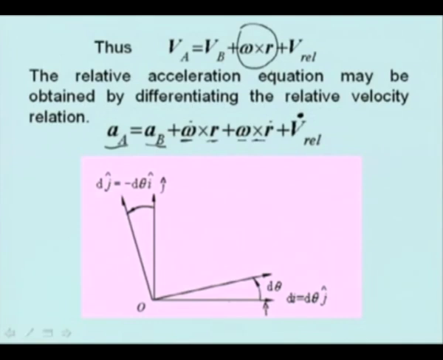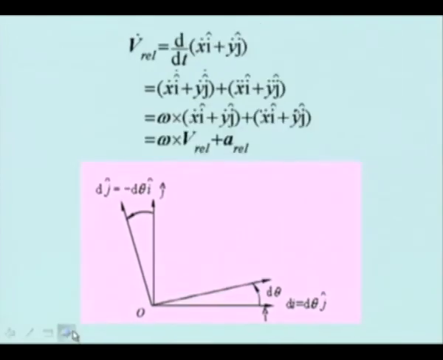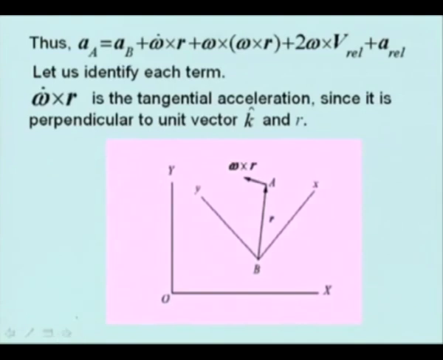Remember, there are 3 components here. And we get the acceleration AA is equal to AB plus omega dot cross R plus omega cross omega cross R plus 2 omega cross VL plus AL. So here we get 5 terms, and these 2 equations are very important.